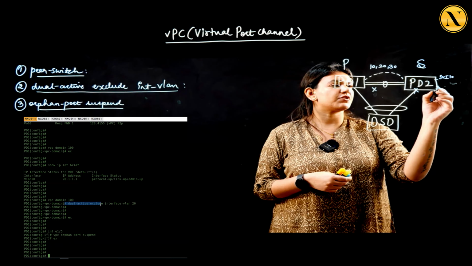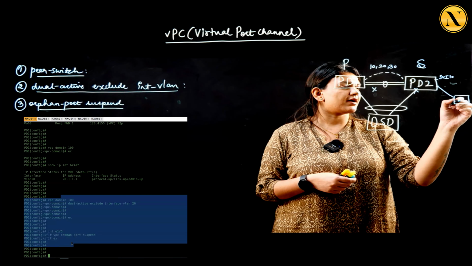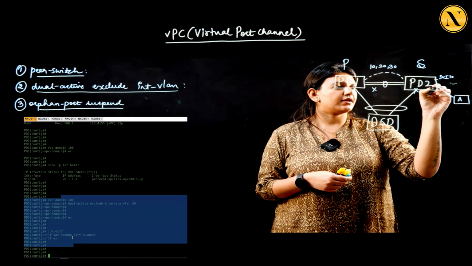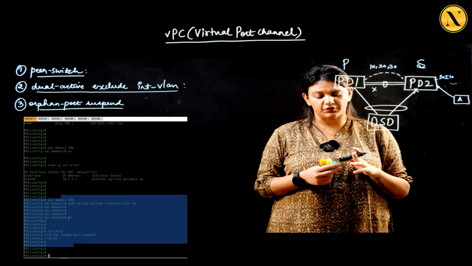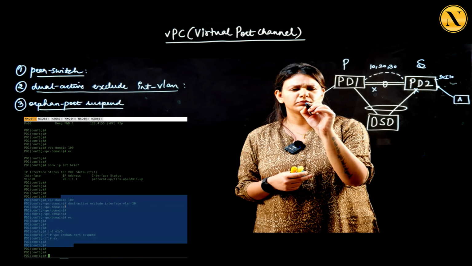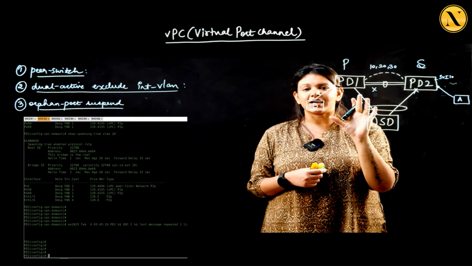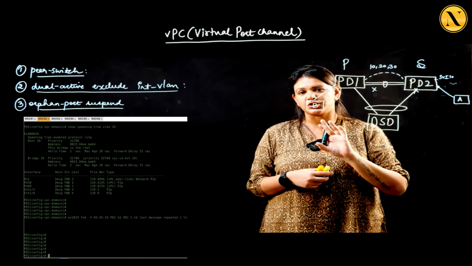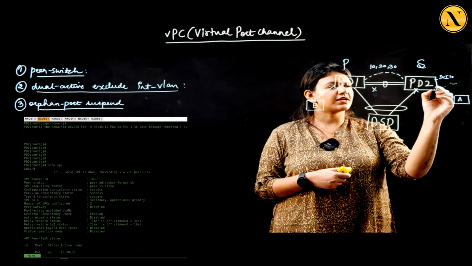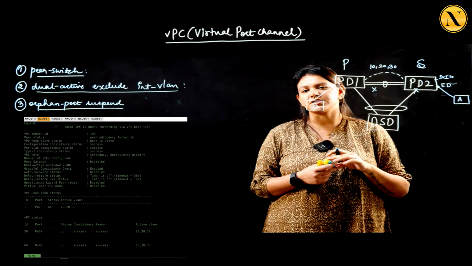Apart from this, let's assume I have an orphan device here, and this is an orphan port that I have configured. If you have configured orphan ports on both the primary as well as the secondary device, then as usual, on the primary device, absolutely nothing happens, but on the secondary device, this particular interface will be put into an error disabled status.